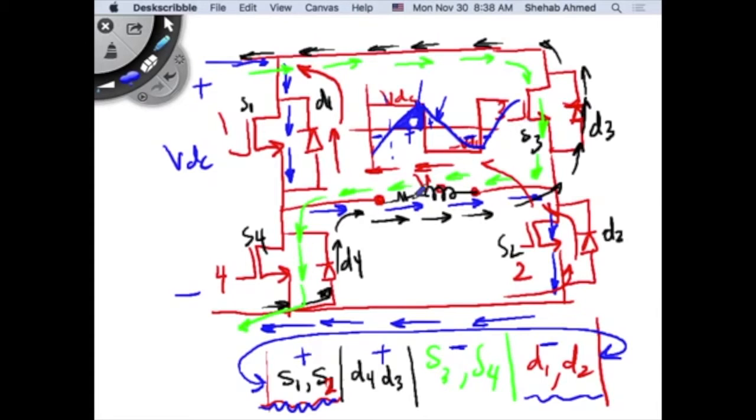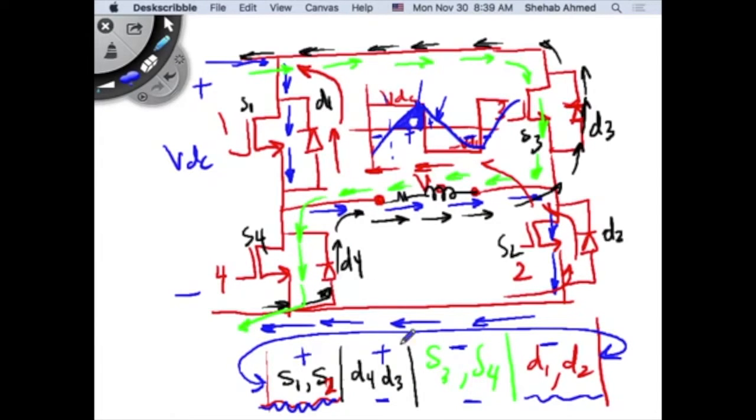After the current started flowing in the diodes, we turned on S3 and S4. But I cannot turn on S3 and S4 so fast. There has to be a finite amount of dead time that I keep. Actually, it's not very relevant when we talk about switching at 50 hertz, because when you are switching your switches at 50 hertz, it's not a big issue.